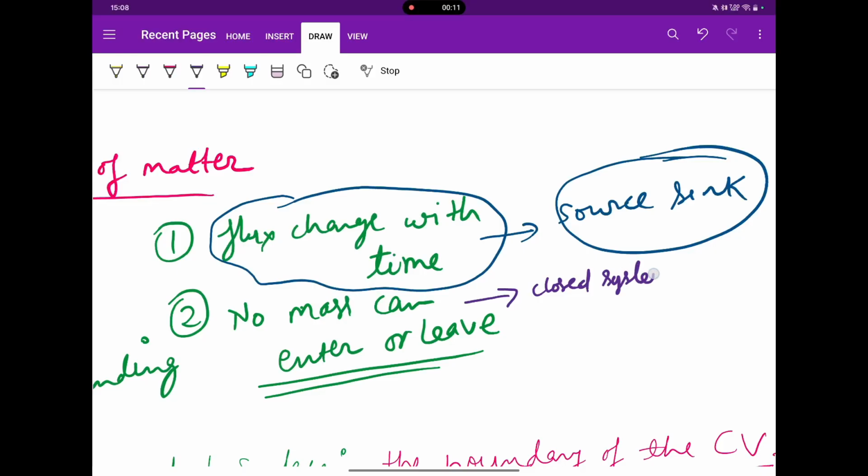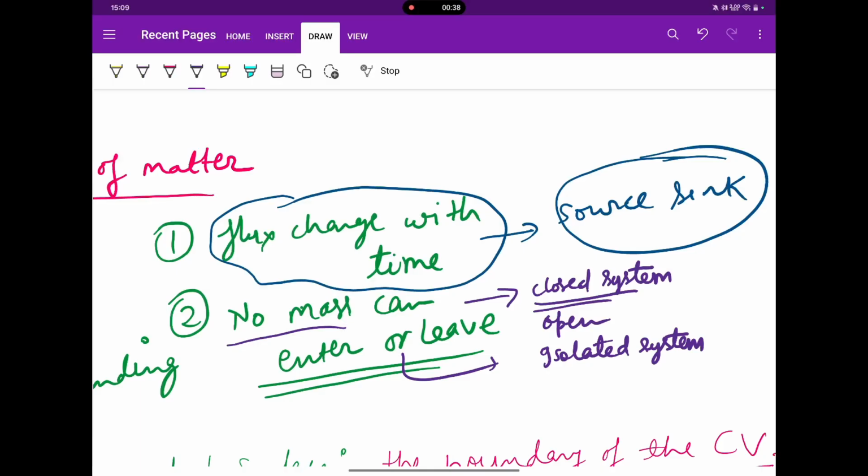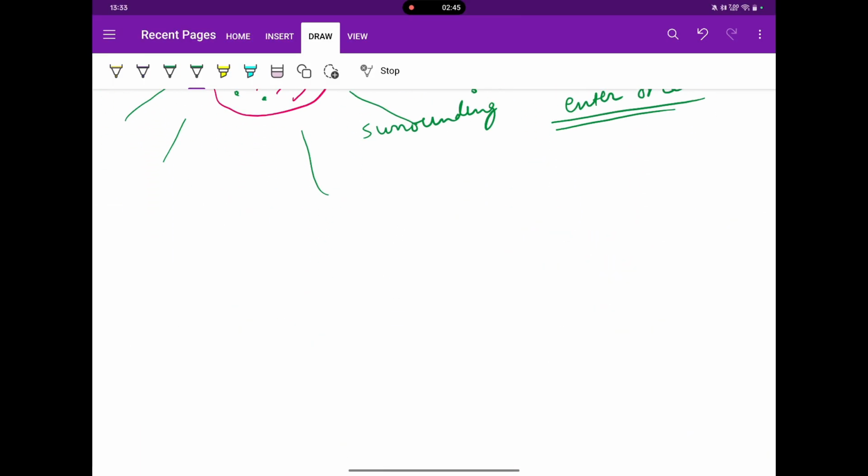So in the fluid mechanics context, this is what we are going to consider. Now there are other types of systems that you understand in thermodynamics, like closed system, open system, and completely isolated system. When we discuss further, you will understand what I'm talking about. For the context of RTT, we are going to consider that no mass can enter or leave.